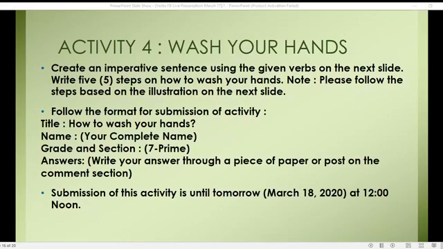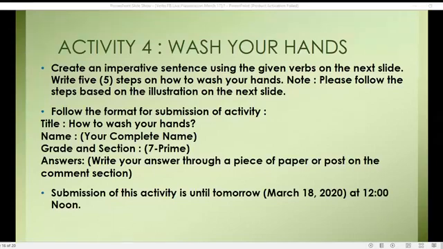And I would like to also remind you that activity number 3 submission is until today. So please accomplish and comply with those activities because later on or tomorrow, I will close the comment section over there. So, kailangan po ay nakapagpasa na kayo or even send your private message kung kayo ay nakatapos na dun sa activity.